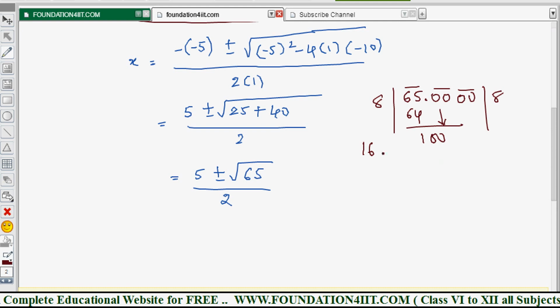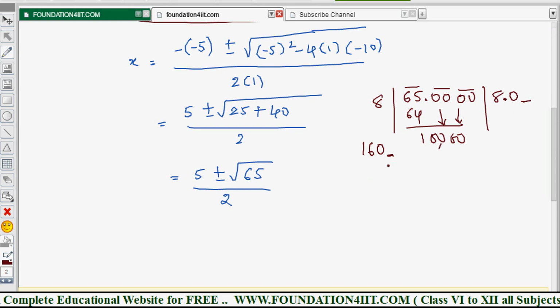Next we place a digit after 16, say 1. So 161 ones are 161, 162 twos I should check. But 161 ones are less than 100, which is less, so take one more set. When you take another set, you must keep 0 here and keep the point, and you also keep 0 in the answer, because when you take the set after the point, you keep the point. When you take an additional set, you can keep 0. Now 160 and this place should be filled to get near to this 10,000.